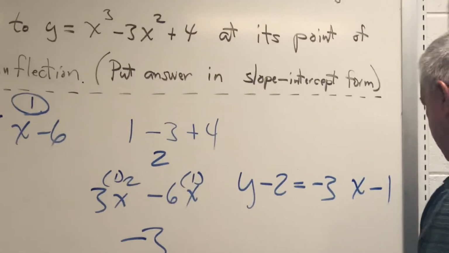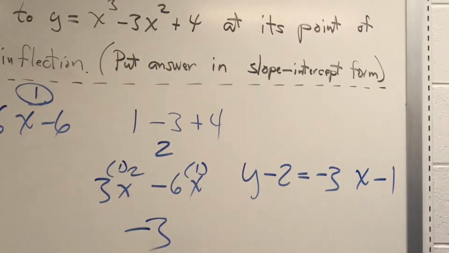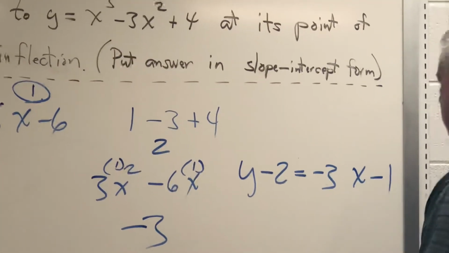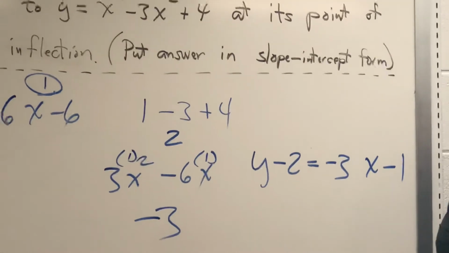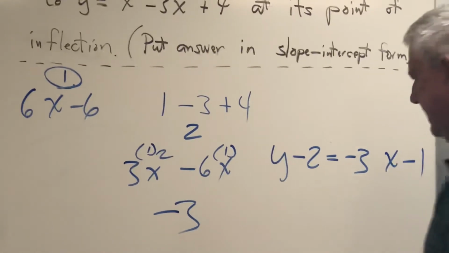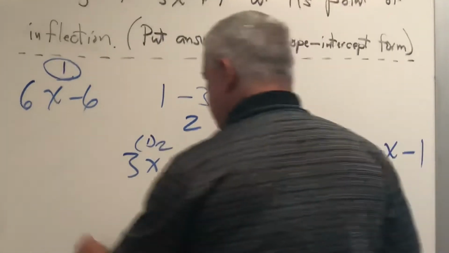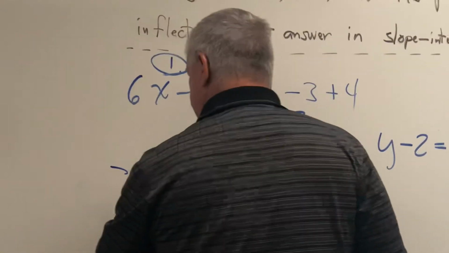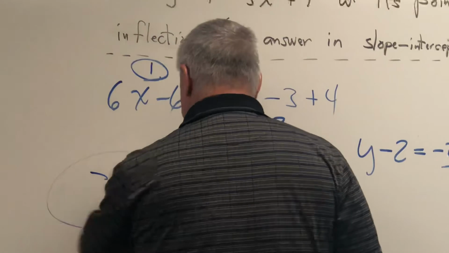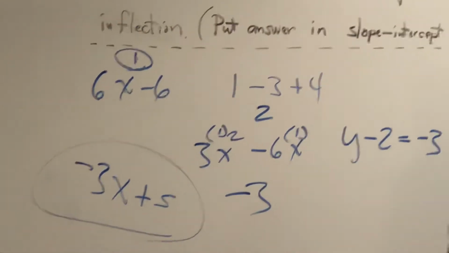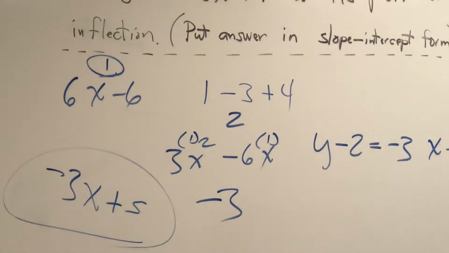And now I distribute the negative 3, so it'll be negative 3x plus 3, add 2 to both sides, and I'll get y is equal to negative 3x plus 5. Okay? And now that's sort of slope-intercept form.